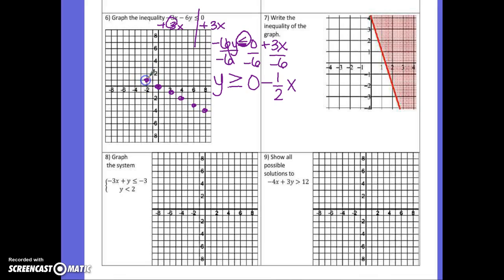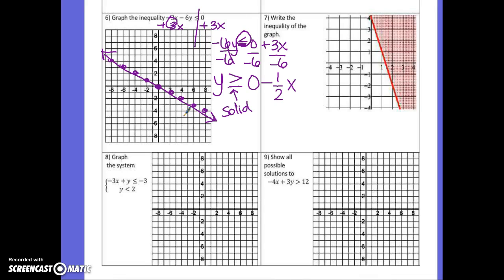And because it is equal to, it's got the line right there. Equal to means it's equal to the line. The points are solutions, so we're going to draw a solid line through here. That means the points on the line are solutions. They're x, y values. You can plug them in and they work.